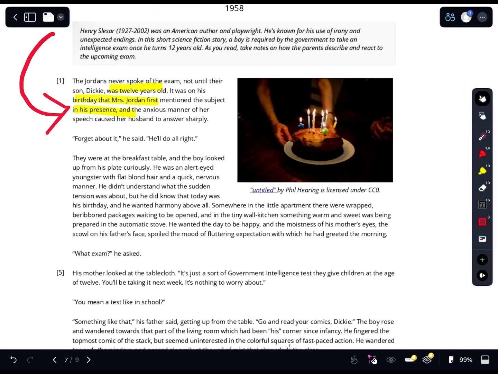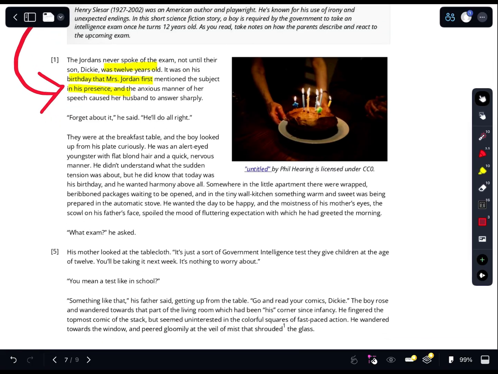So what happens is he eventually takes the exam, and his parents say, don't worry, there's nothing to worry about. And it gets a bit stranger and stranger, and we kind of think, oh, he's just doing an exam. His parents are worried, it makes sense, and he's kind of optimistic. He hopes he does well. And then at the end, we find out that he did very well on the exam. This employee of the government calls the family and says, yes, well, unfortunately, his intelligence is too high.